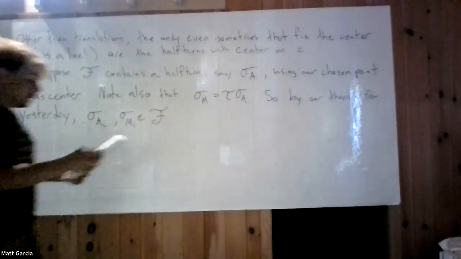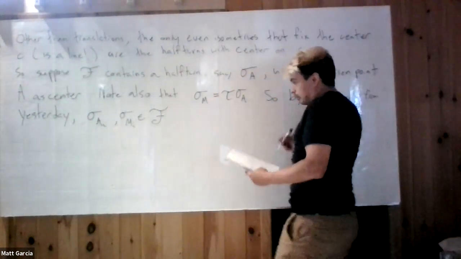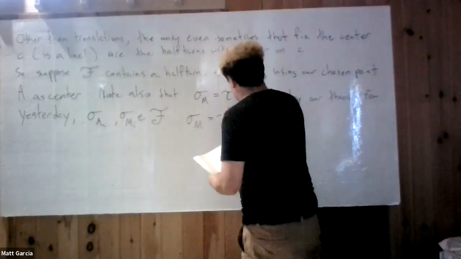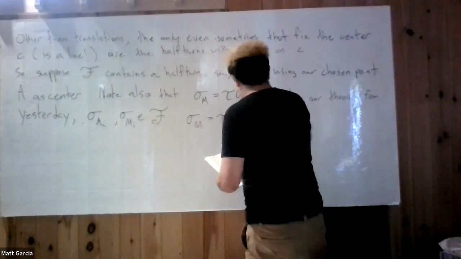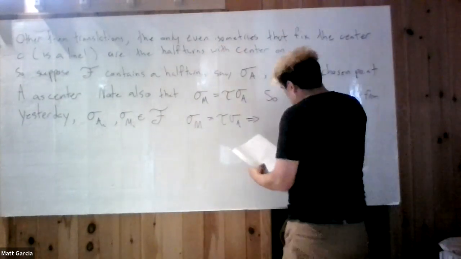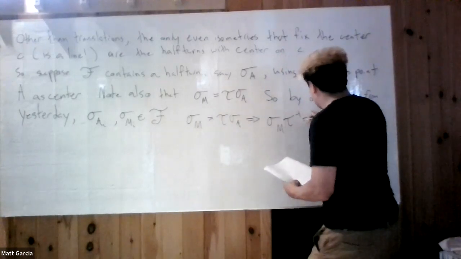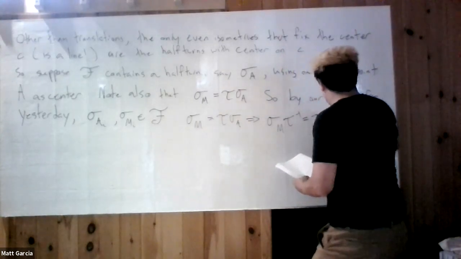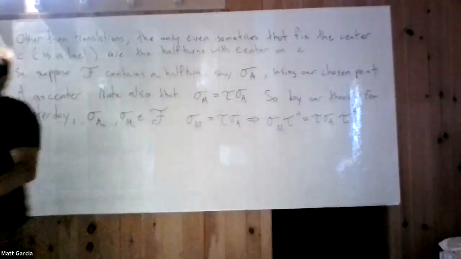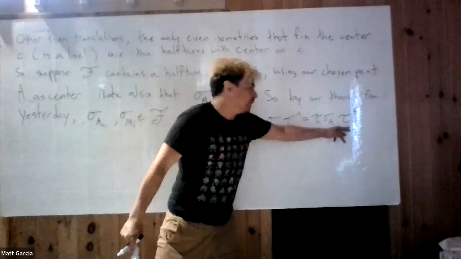Let's just quickly compute that. So again, we have sigma M equal to tau sigma A, which implies that sigma M tau inverse is equal to tau sigma A tau inverse, right? And what do we know we can do when we conjugate a half turn by some isometry?